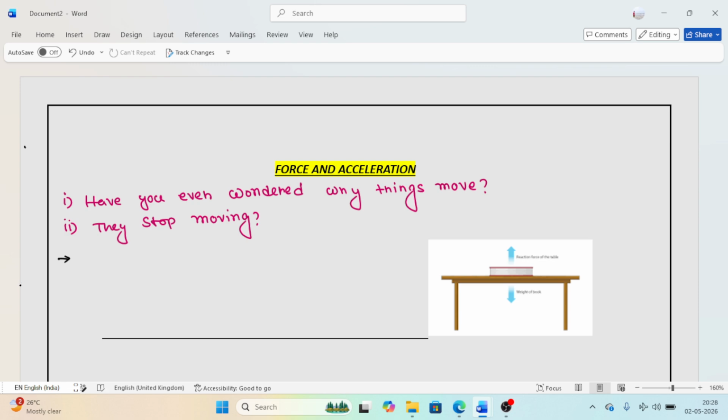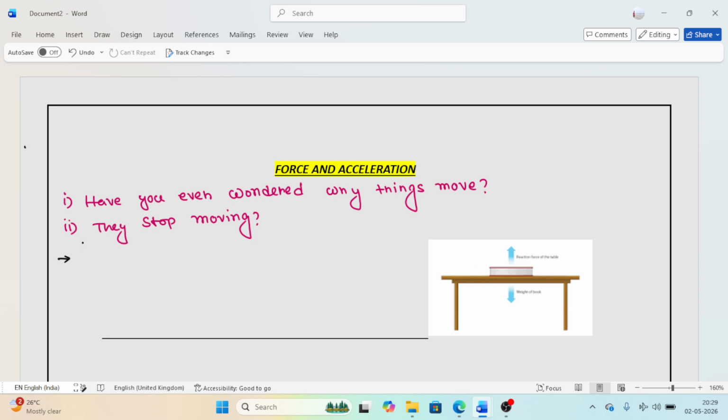Okay, this is the question. Look, this is a table. On this table I put a book, or it can be anything. So the position of the book does not change with respect to time and also surroundings.